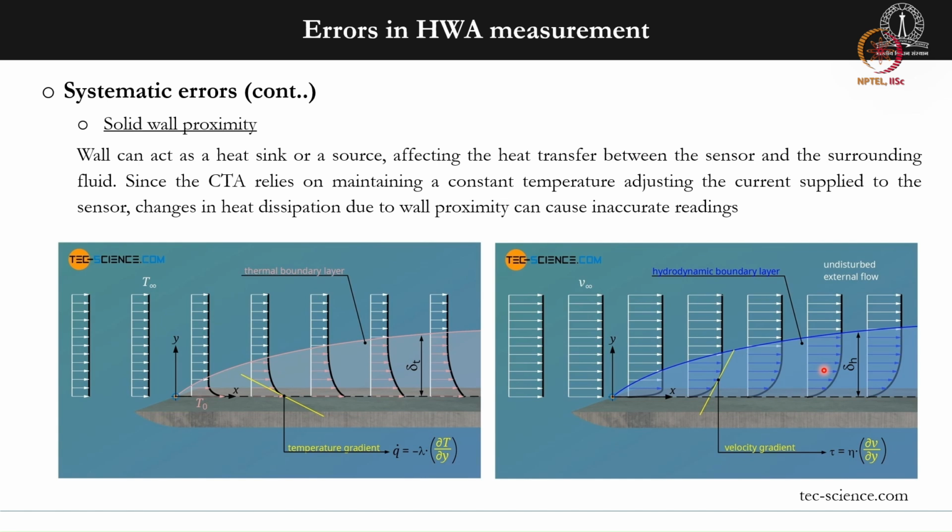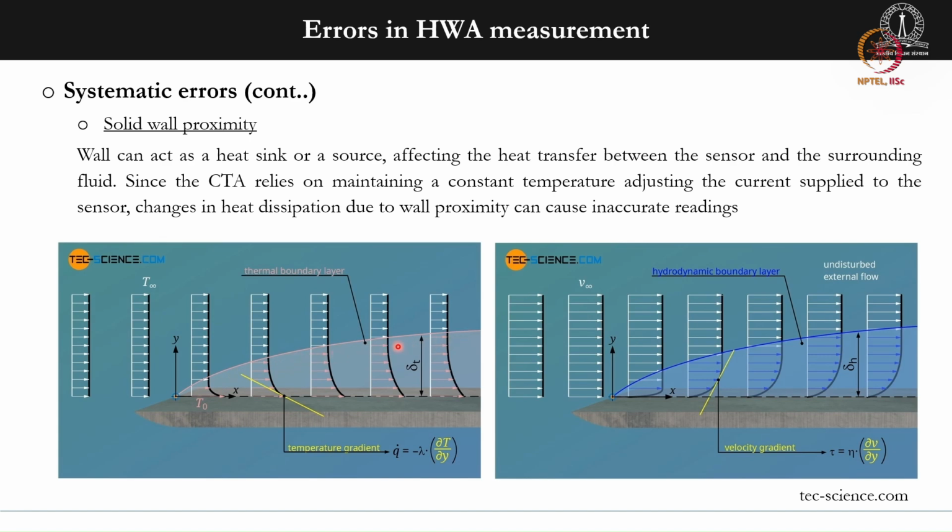And say the plate is a heated plate. The temperature of the plate is much higher when compared to the free stream flow. So a thermal boundary layer will develop over the plate, similar to the velocity boundary layer. Here the temperature transitions from the wall temperature to the free stream temperature as we move along this y-axis. So this is the thermal boundary layer that we have shown here.